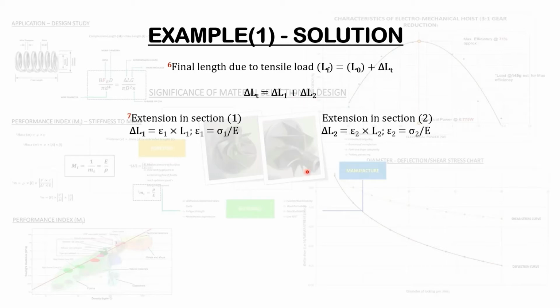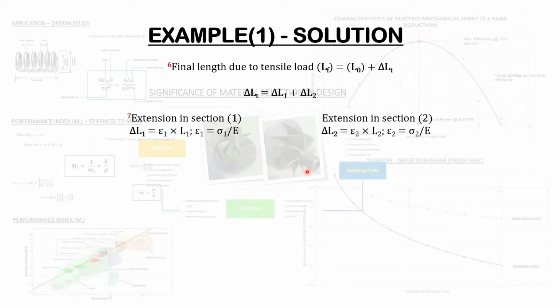So what we can do is proceed to calculating the extension in each section. So we know that strain is equal to delta L over L, and we also know that strain is equal to the stress divided by the Young's modulus. Fortunately for us, for this particular example, the material is homogeneous throughout.